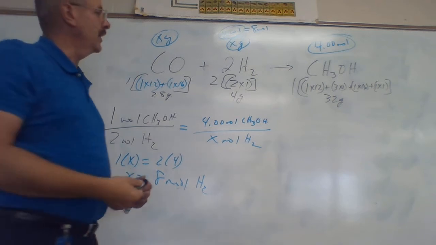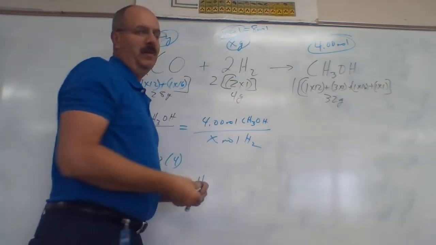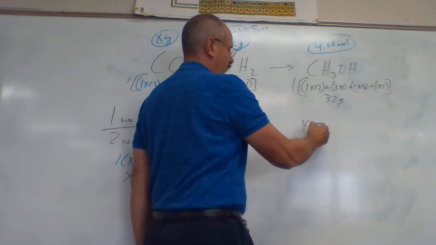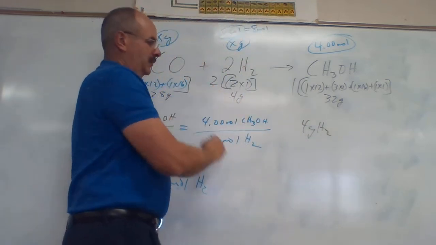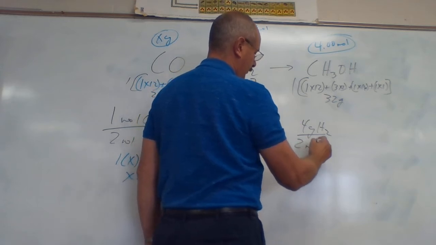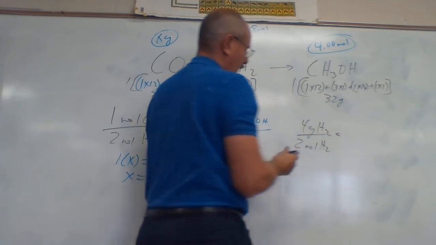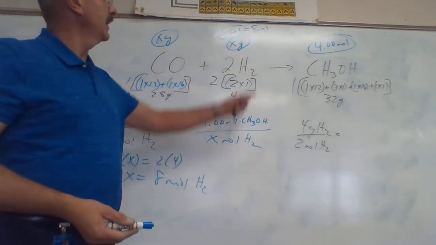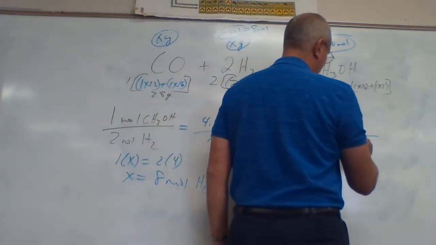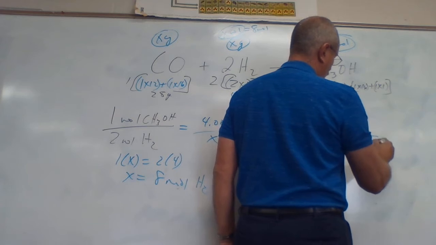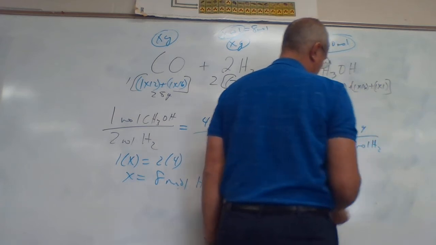All right, from there, now I've got to get moles to grams. That means I've got to use molar mass. So 4 grams of H2, that's from right here, is 2 moles of H2. I don't have 2 moles, I've got 8 moles of H2, and I want to find X grams of that.